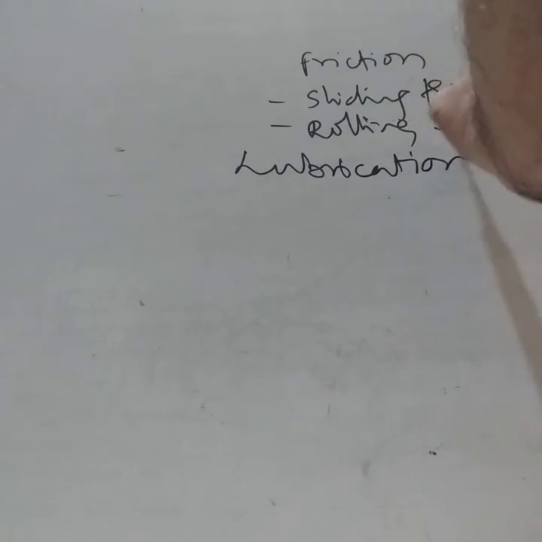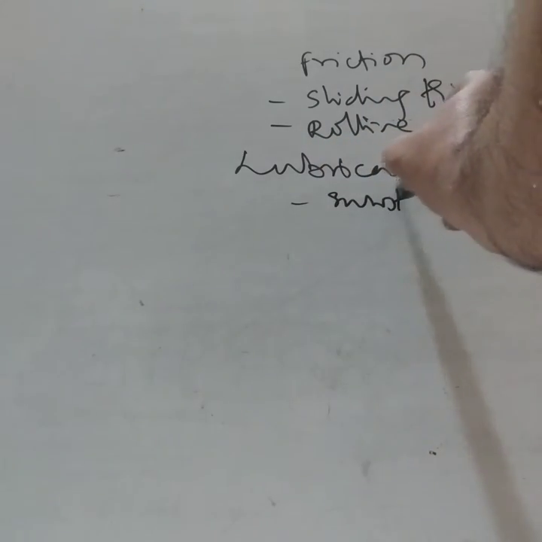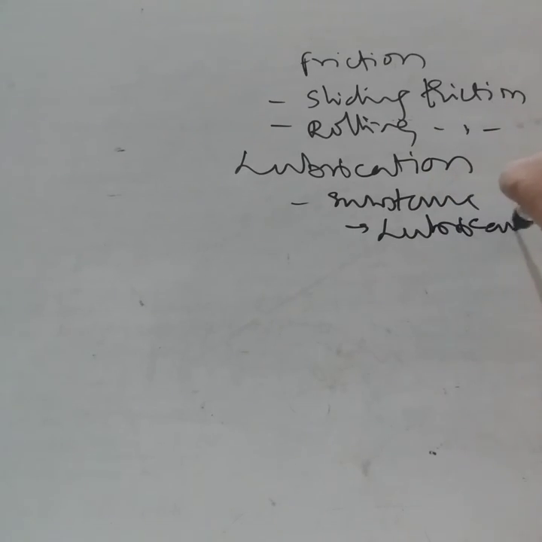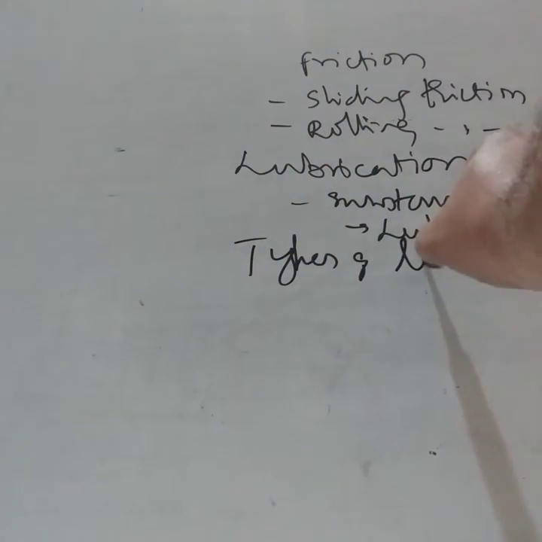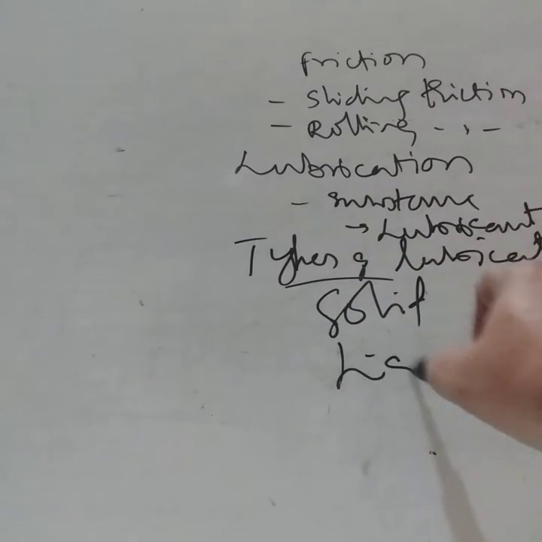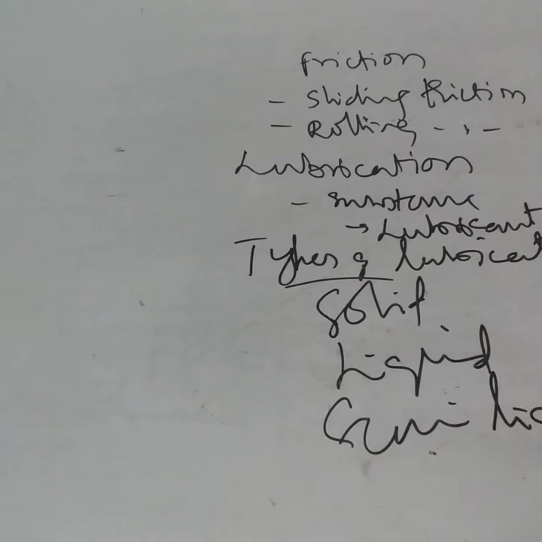Lubrication is the art of reducing frictional resistance by means of some substance, and this substance is called a lubricant. Then we learnt about the types of lubricant. Types are solid, liquid and semi-liquid. These are the three types of lubricants that we have studied.